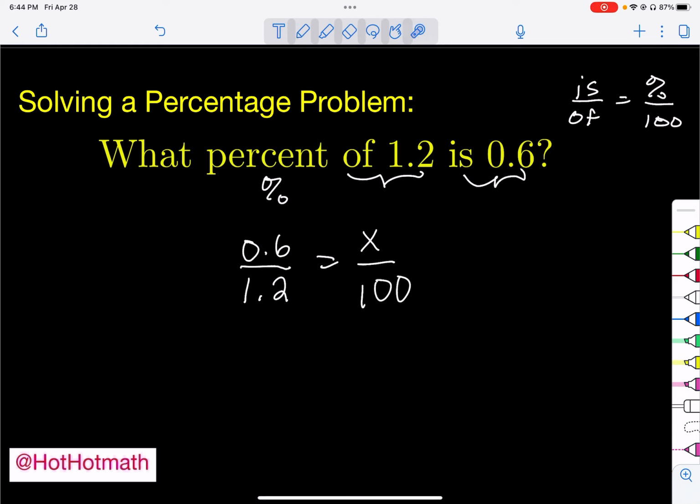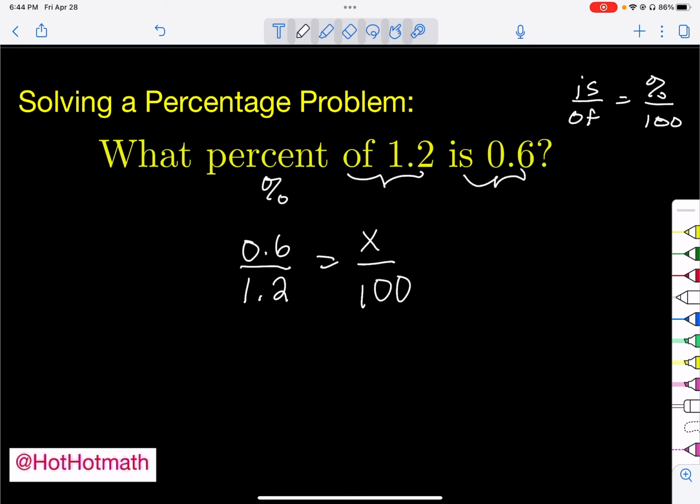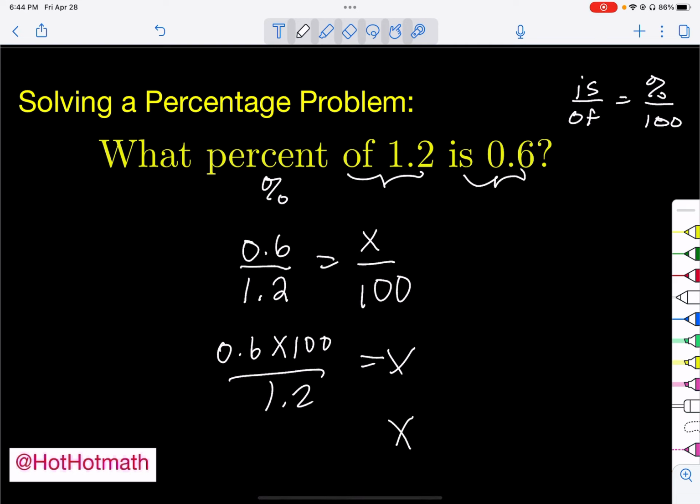Now how do you solve that? Well, we cross multiply the numbers that are across from each other, and we divide by the one we haven't used. So this is going to be 0.6 times 100 divided by 1.2. Well, if we multiply 0.6 times 100, you get 60 divided by 1.2, which is 50.